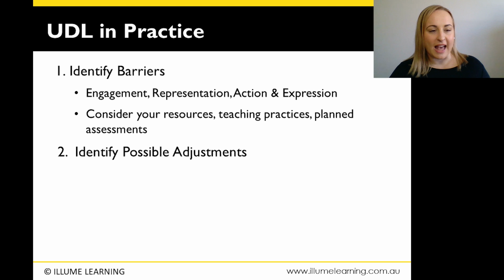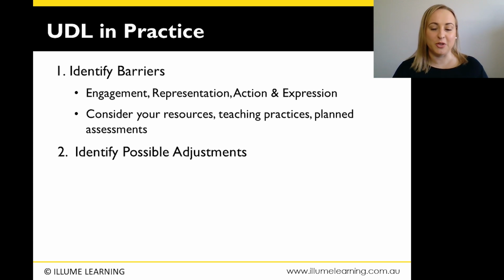So if we have a look again at universal design for learning in practice, how do we do this within a classroom environment? It's a big answer, but I'm going to break it down to its most simple core components here. The first thing that we need to do is identify the barriers. So remember that the barrier is not the child.